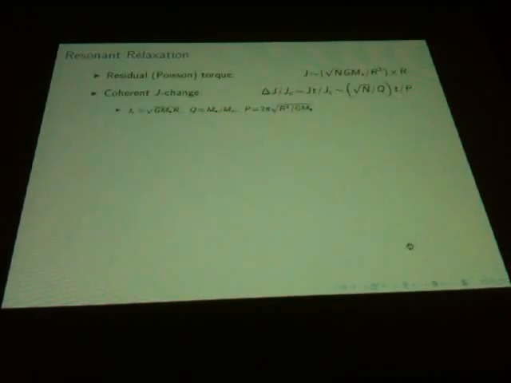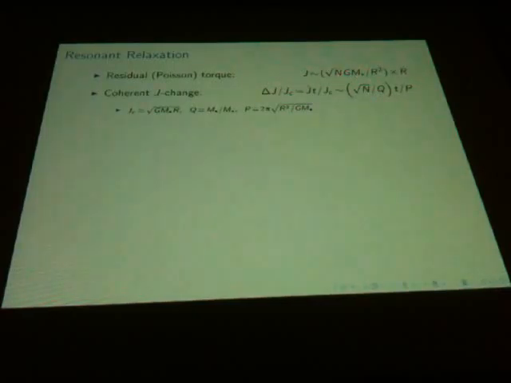Now, let's put this in a more quantitative way. This is essentially the only slide with formulae. They're really simple. Don't be too taken aback by them. I will go through it. It's quite elementary. So, first of all, what is the residual torque on our test star, which is orbiting on some scale, let's call that scale R, the size of the orbit? Any star exerts on it a force per unit mass, so the acceleration is G M_star over r squared.